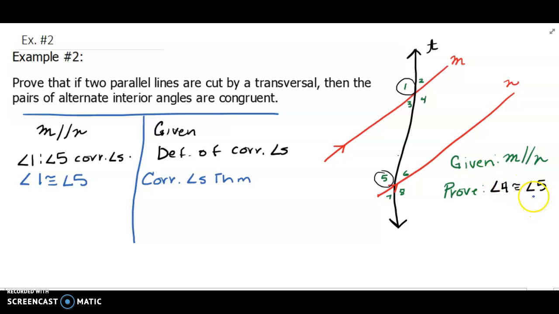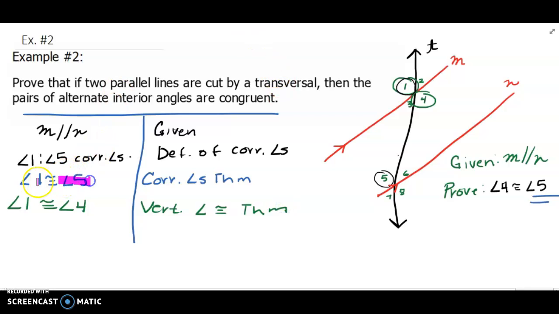Okay, well, that's angle 5. How do we get angle 4? Well, look, guys, what do we know about angle 1 and angle 4? So angle 1 has to be congruent to angle 4 by the vertical angle congruence theorem.